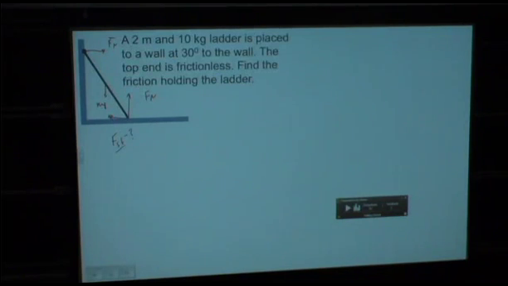Okay, so let's choose the axis at the top end of the ladder in that case.